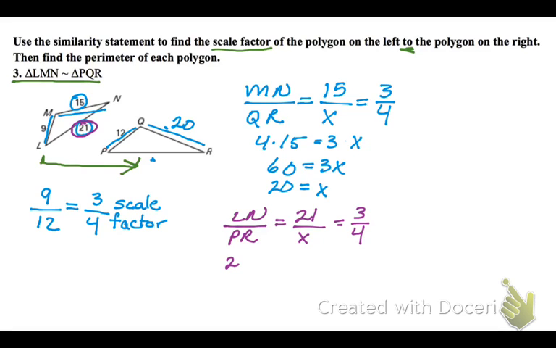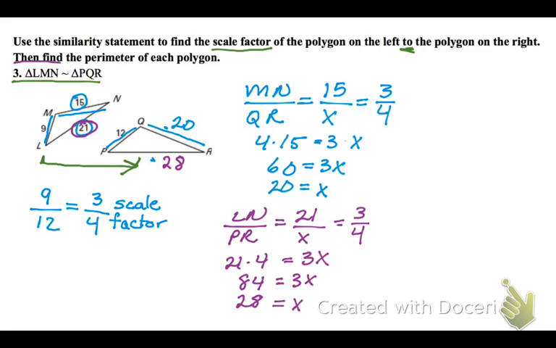So 21 times 4 is equal to 3 times x. 21 times 4 is 4 times 1 is 4, 4 times 2 is 8, so 84 equals 3x. X is going to equal 28. Okay, so this is equal to 28.